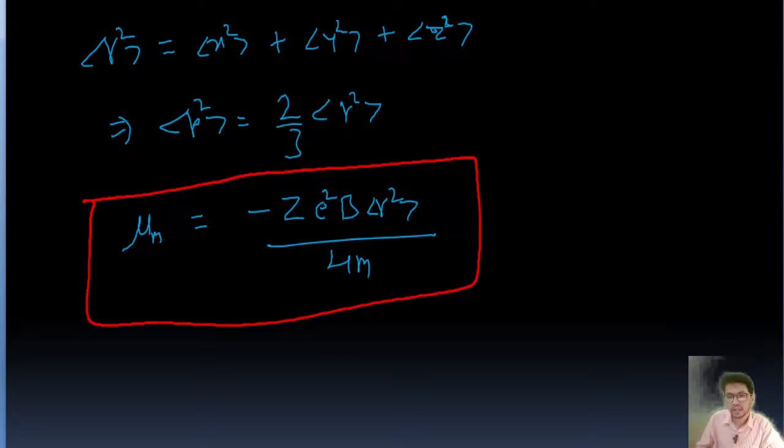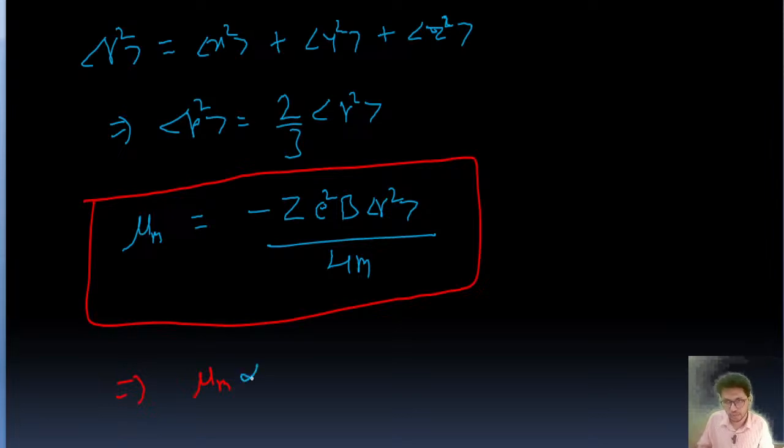Mu m is minus z e square b upon 4m into the mean square radius, that is, the average of r square. From here you can see mu m is proportional to mean square radius.